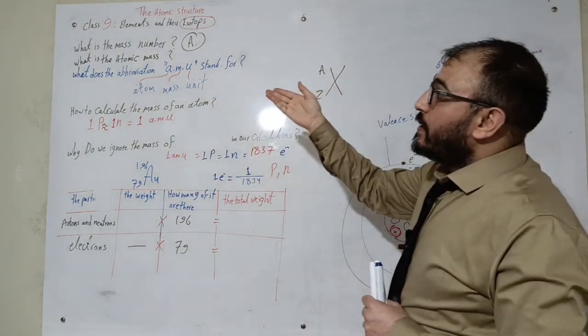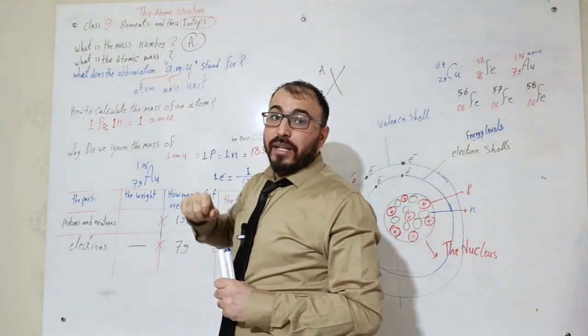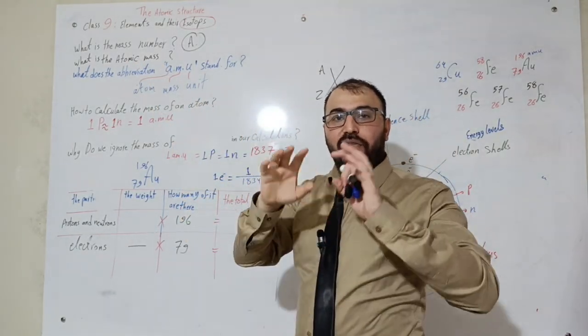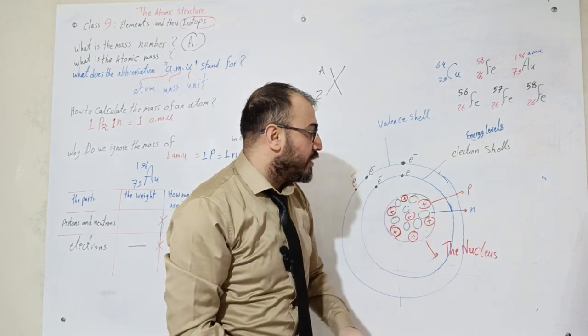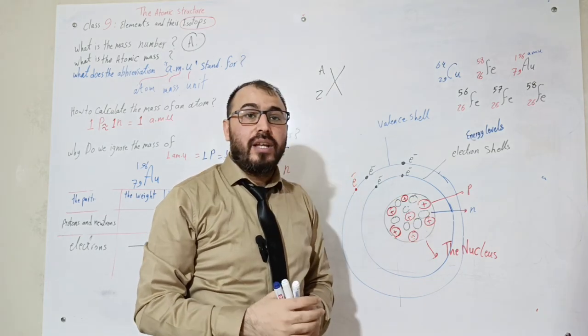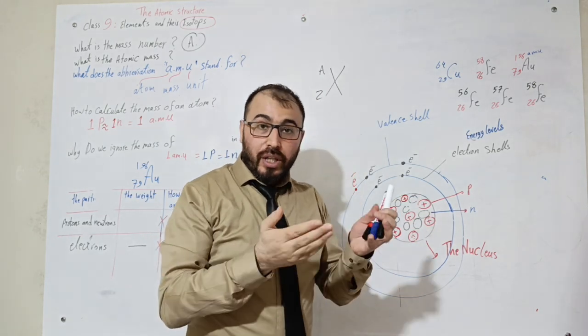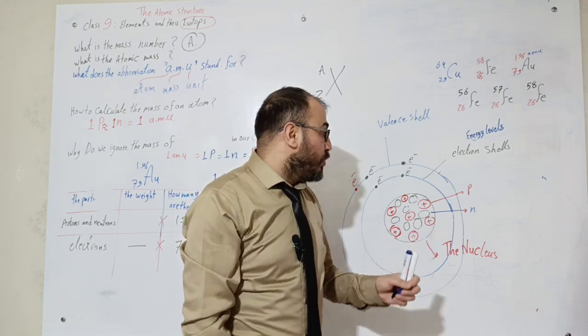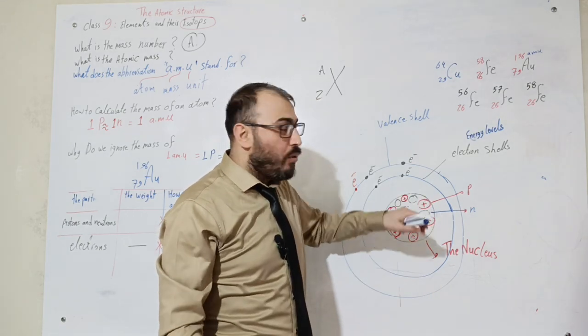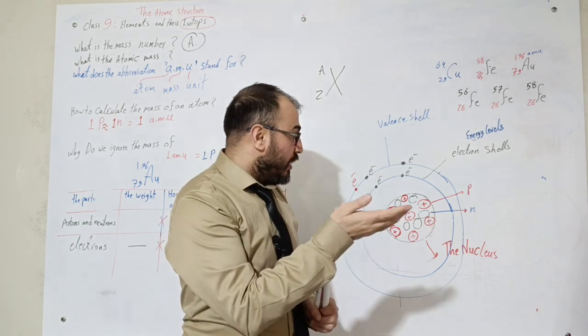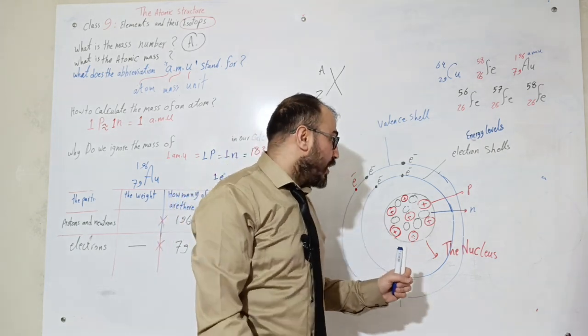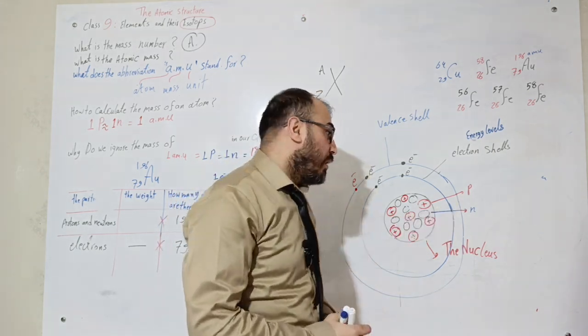So the atomic mass is going to be the mass of all nucleons, all protons and neutrons inside the nucleus. So if you want to measure the mass of one atom, you should find how many protons and neutrons are inside it. Then you are going to say that its mass is equal to this number.